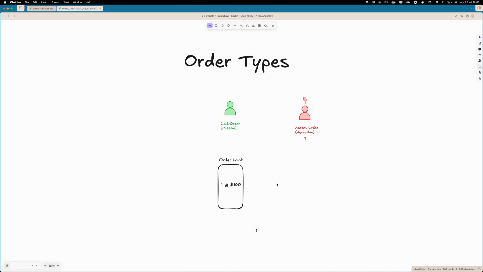And interestingly enough, you always need a market order matched with a limit order. Even if there is another limit order for selling on 100, it will not be matched with this buy order. It always has to be a limit order and a market order in order for a transaction to take place.